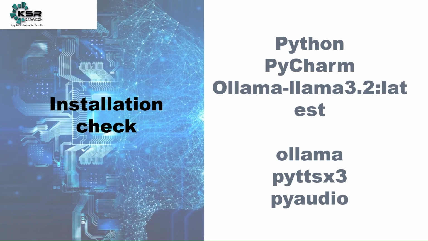I will need Python, PyCharm, and Ollama installed in your system, because Ollama lets you install an open source LLM in your system, prompt it, and get the response. And certain modules we need to install with Ollama, like PyAudio and pyttsx. Of course, step by step, I will explain why we need these modules and what their purpose is in building an AI agent.